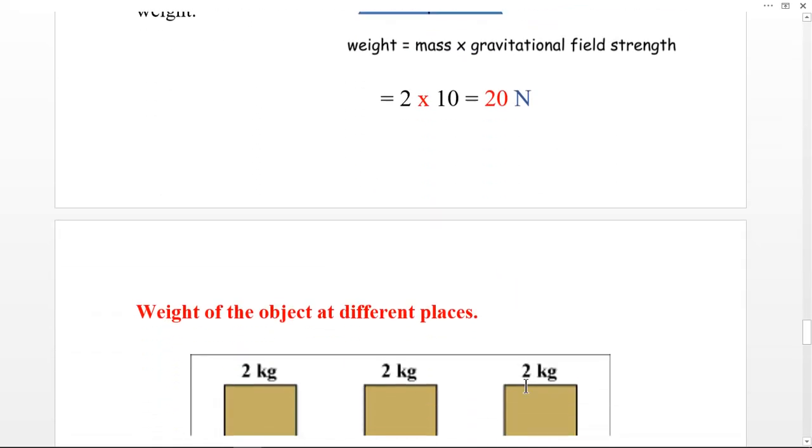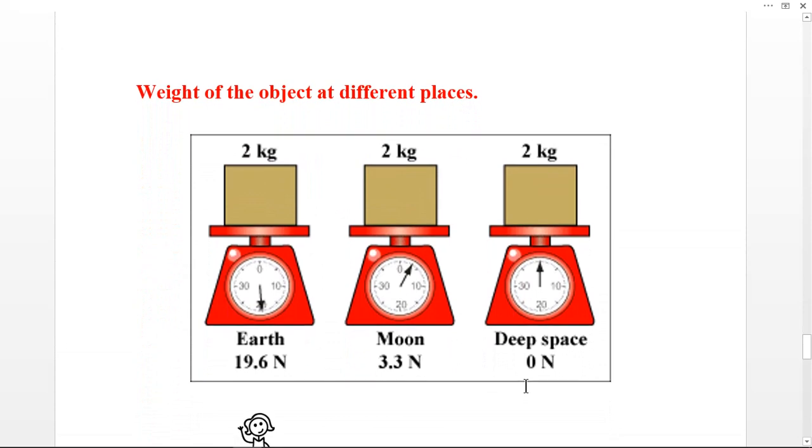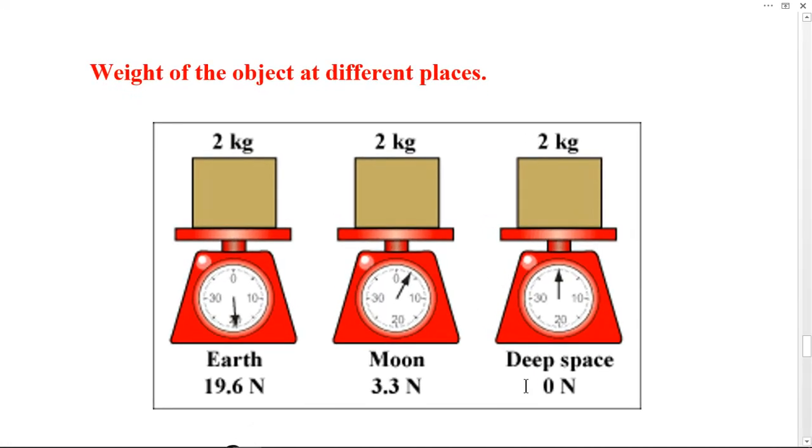Now move to the next thing. Here is something quite interesting. If you have the same object, it will show you different weight in different places. Let's talk about it here. For example, if you see this object, its mass is 2 kg, and here they have written the values.